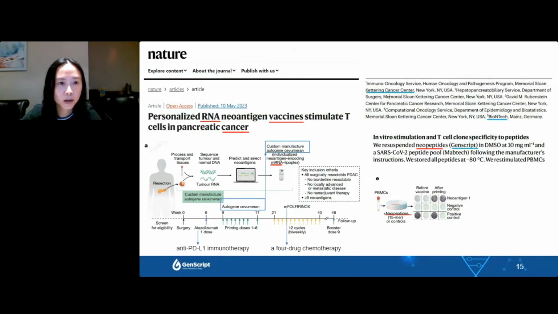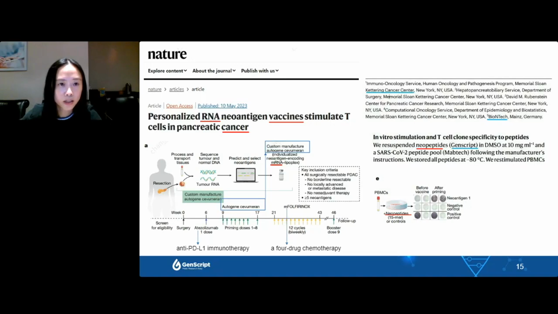Another case is a recently published paper in May 2023. The paper topic is personalized RNA neoantigen vaccines stimulate T cells in pancreatic cancer.